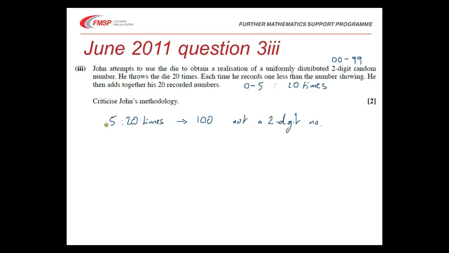So the other comment then is these are not equally distributed. There's lots of combinations that would add up to 50. There's only one combination that would add up to 0. It's 2 marks, and I do have 2 statements here.